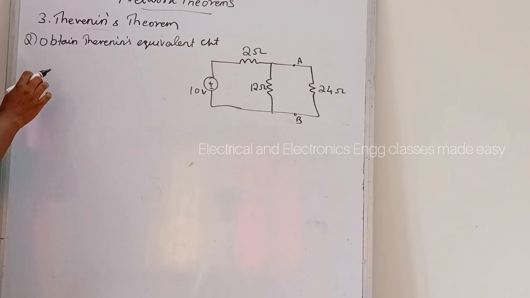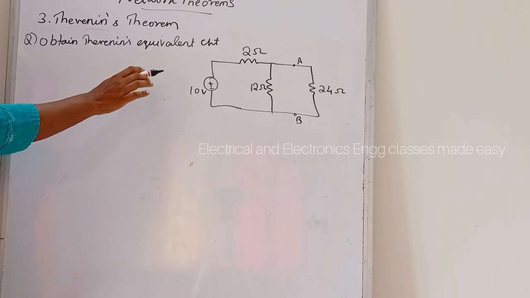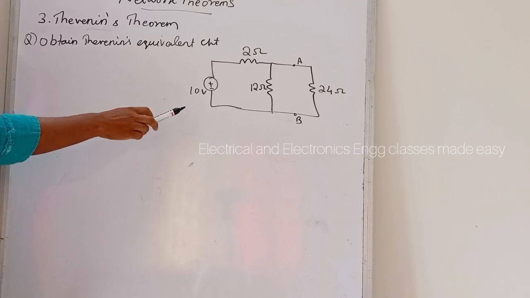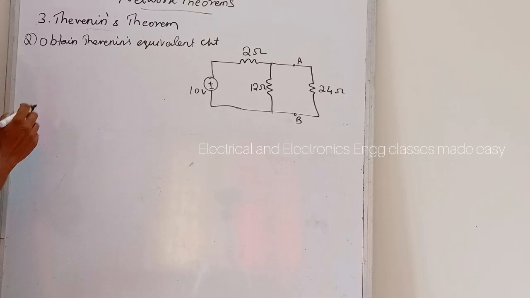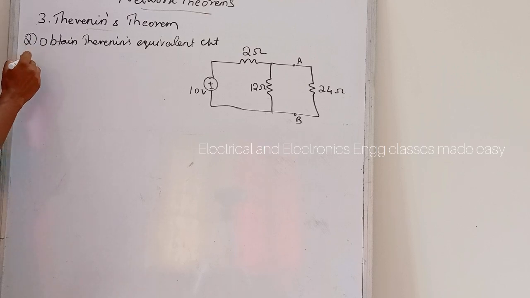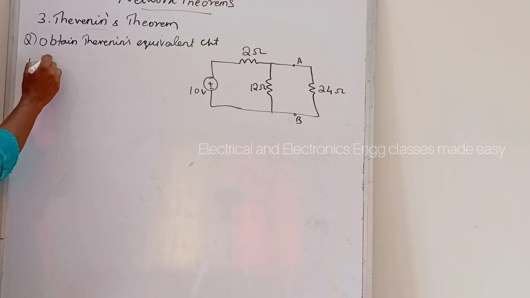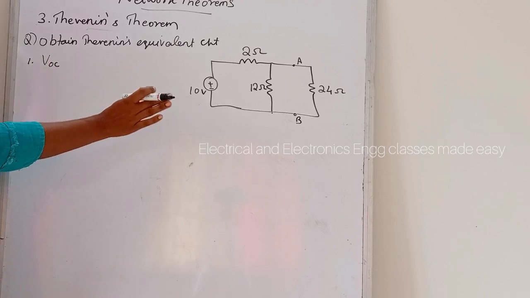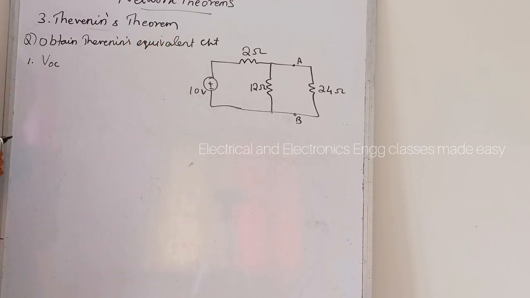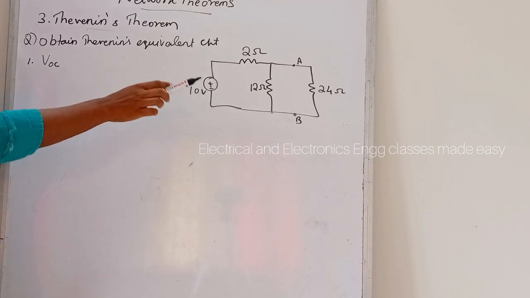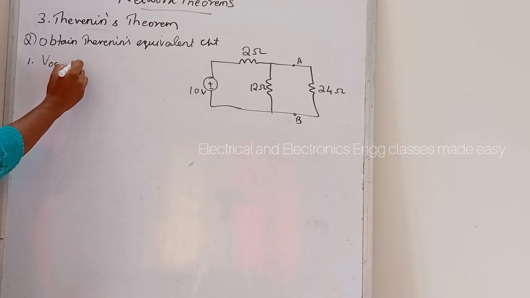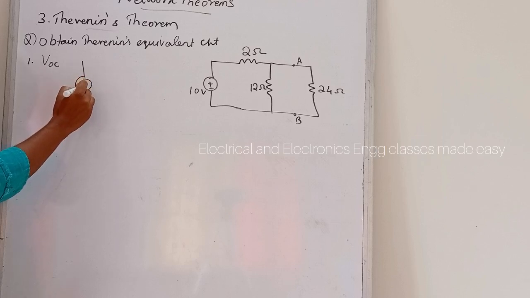Let us do a problem. Obtain the Thevenin's equivalent circuit. This is the given circuit, and we have to find the Thevenin's equivalent circuit. Our first step is to find the open circuit voltage VOC. For that, remove the load resistor RL. Here the load resistor is 24 ohm. So redraw the circuit.